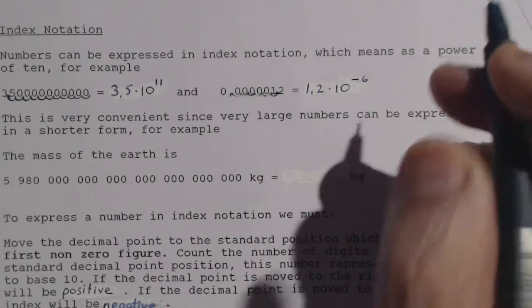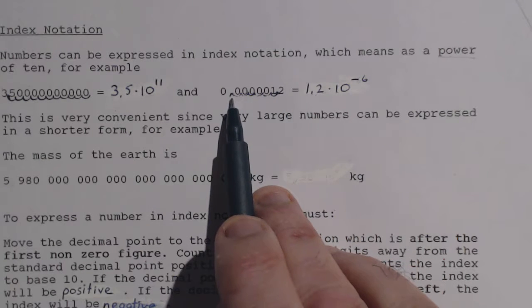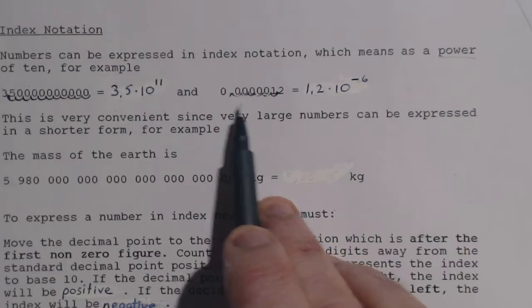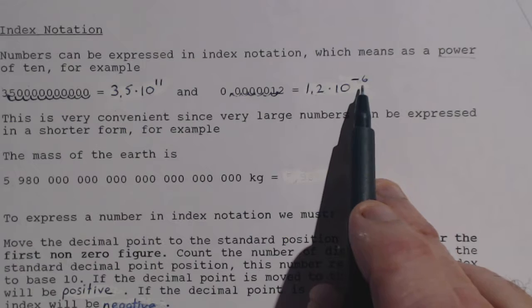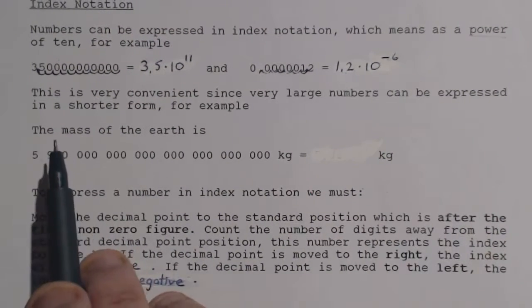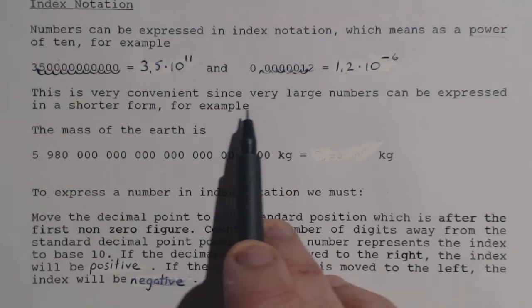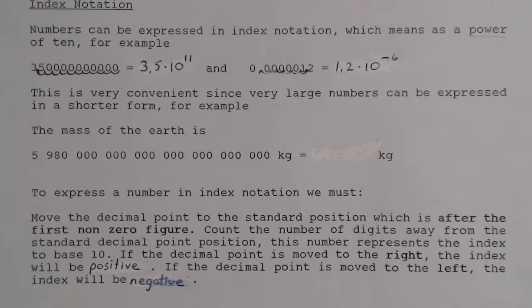Now why negative? Because we had to move to the left to get to our decimal point. Also, you can see that this number is a very small number, so it makes sense that this power here is negative. Now this is very convenient since very large numbers can be expressed in a shorter form. Here's another example.